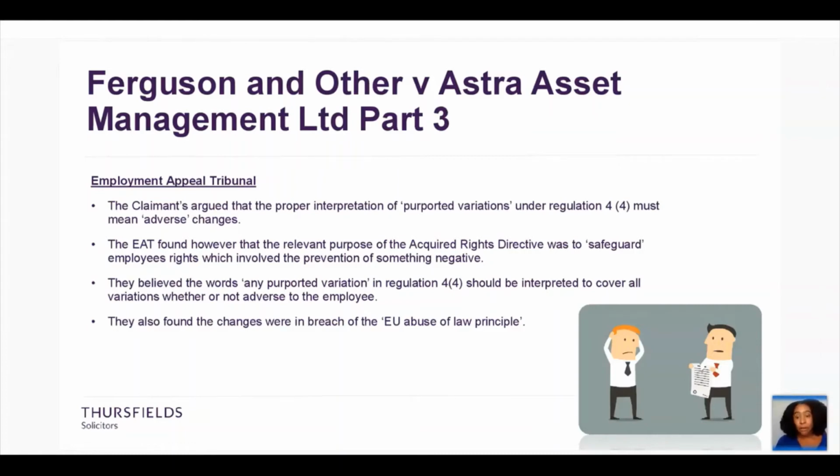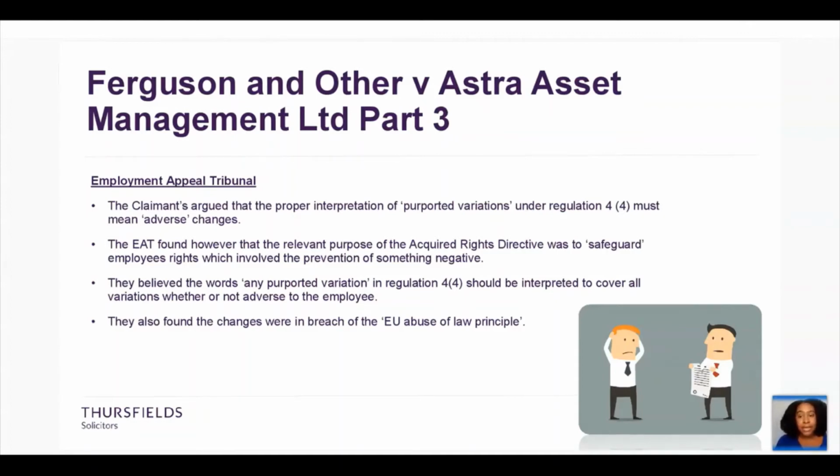The claimants argued that the proper interpretation of variations must mean adverse changes as opposed to advantageous changes which they made. The relevant purpose of the law in this regard was to safeguard employees' rights, which involved the prevention of something negative happening to their contracts.